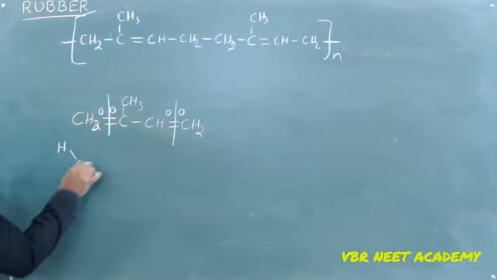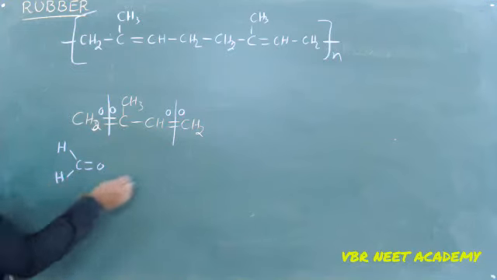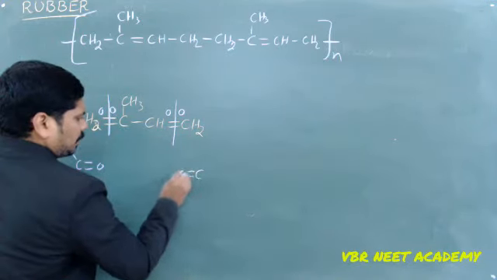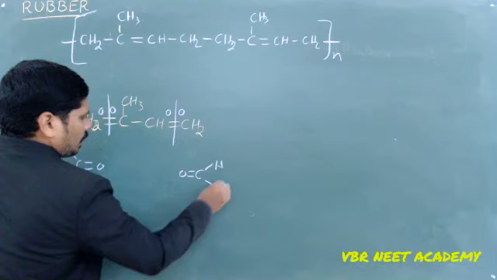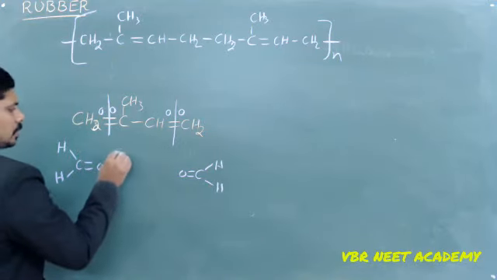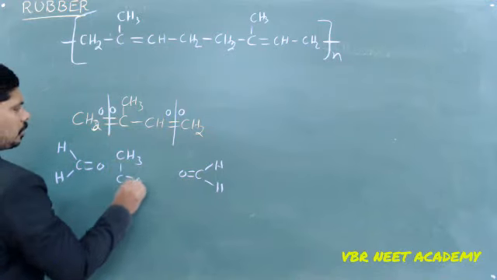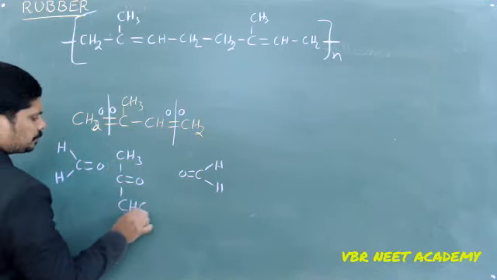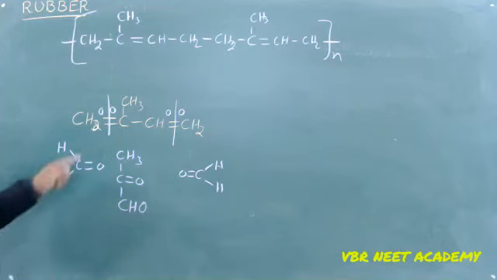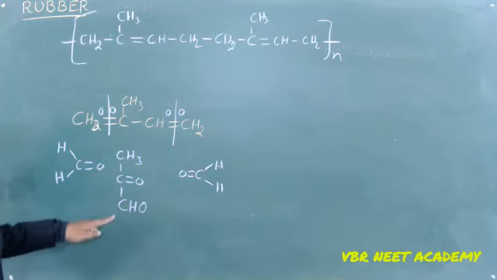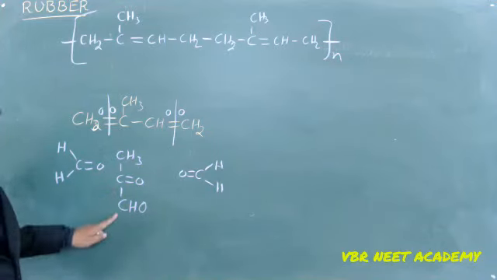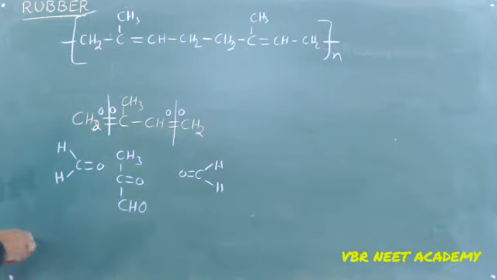H, C, double bond O, H. From this one also I am going to get the same thing. And from this one, CH3, C double bond O, CHO. I am going to get formaldehyde. The other is called 2-oxopropanal, and this is called formaldehyde.